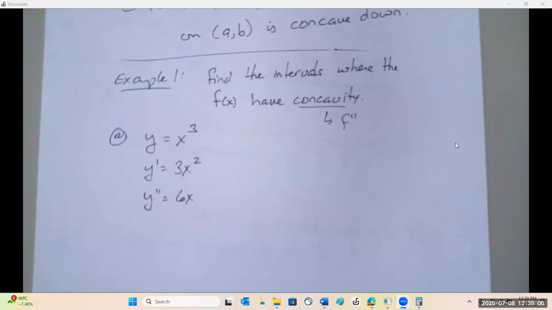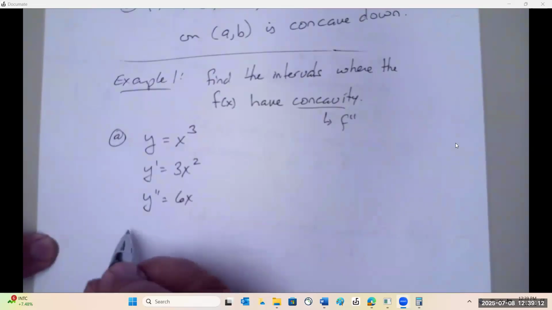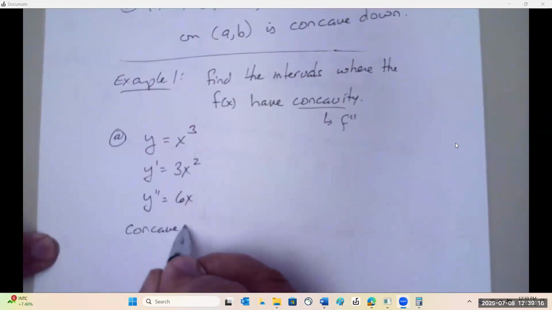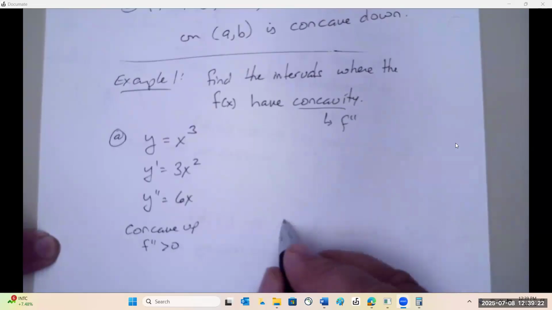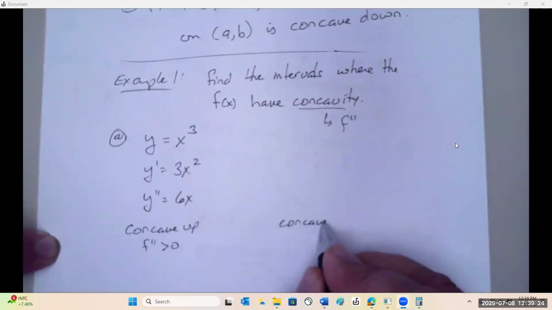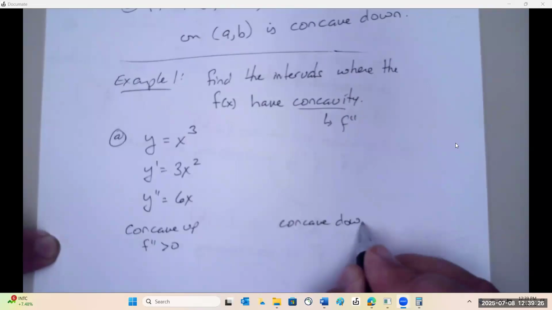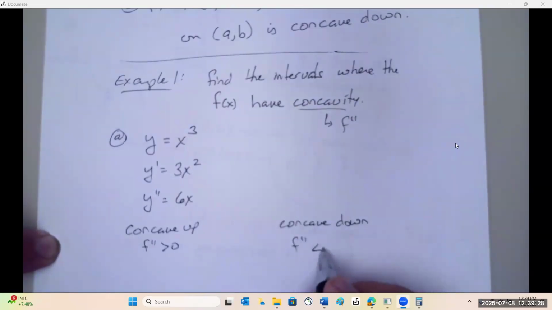So where is it concave up? Where is it concave down? Concave up when the second derivative is positive. Concave down when the second derivative is negative.